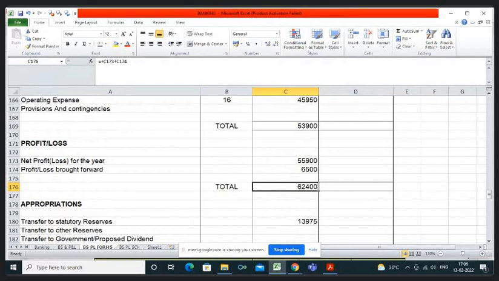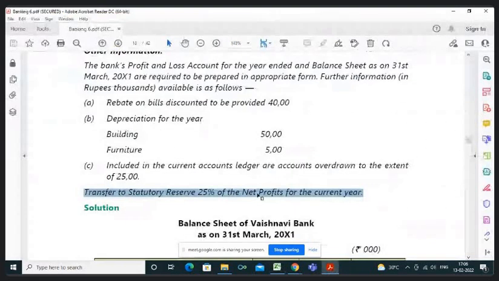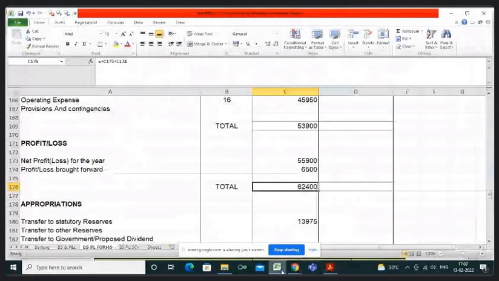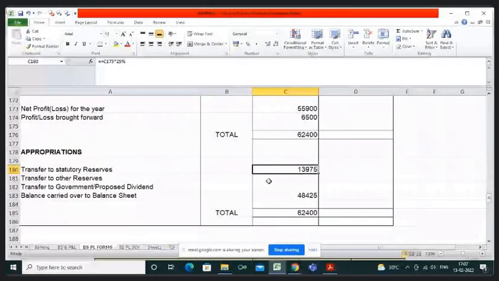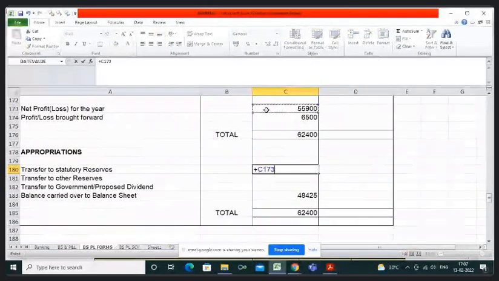What adjustment? The only adjustment we have left is the transfer to statutory reserve, 25% of the net profits. So what should we do now? Now we have to transfer this. How much should we transfer? 25% of the current year's net profit. Where is the current year's net profit? 55,900. And how much do we have to transfer? 25%.